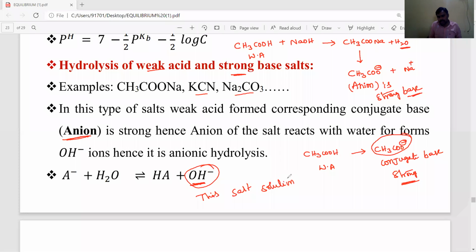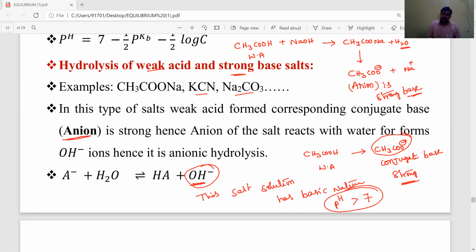If basic nature, we know the pH value is more than 7.